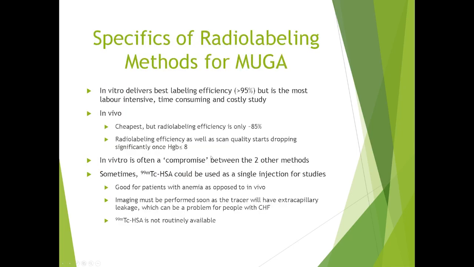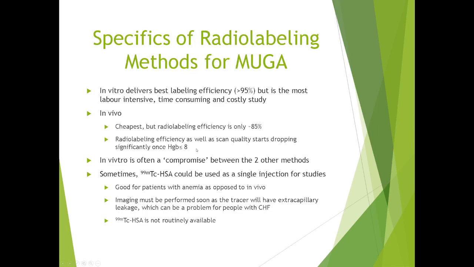Now, what's the difference between the three? Well, the in vitro method delivers the best labeling efficiency. It's very high, but it is also the most labor-intensive, time-consuming, and costly. In vivo, on the other hand, is the cheapest, but radiolabeling efficiency is only 85%, and that is considered optimistic by many.